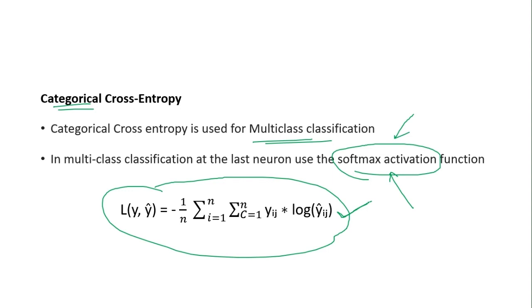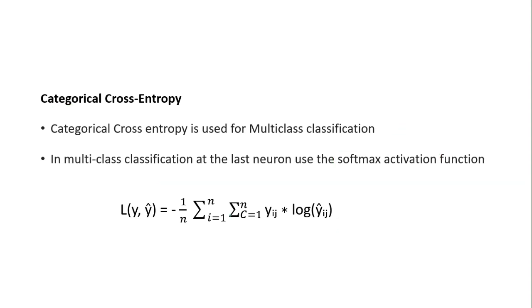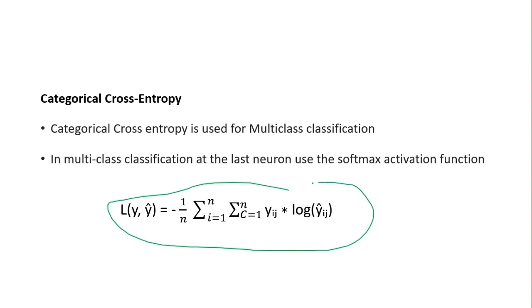You can get them straight from websites, or I can even provide the derivation, but that is not important for our purpose, so I am skipping it. So this is the equation used when it is the categorical cross entropy loss function.